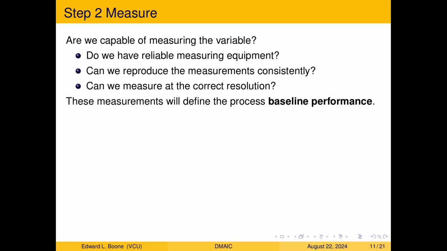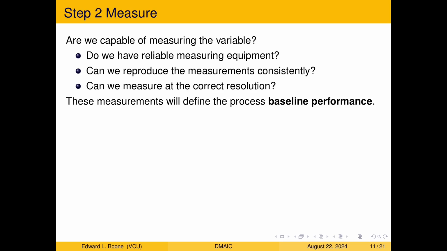And are we measuring at the correct resolution? If you're using a tape measure, you might not have fine enough measuring equipment to measure something you're interested in at the 10,000th of an inch. That's going to be hard to pick up on a tape measure.